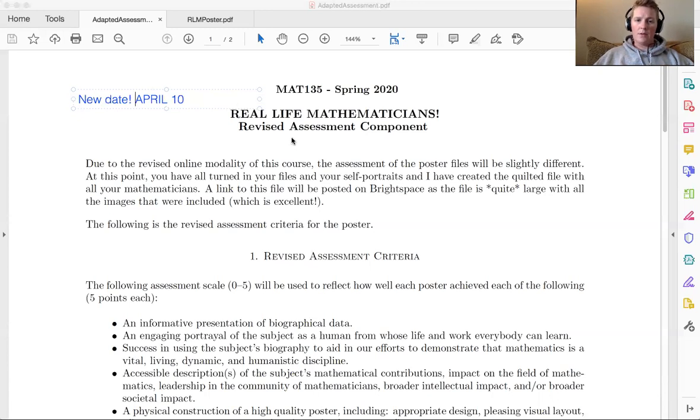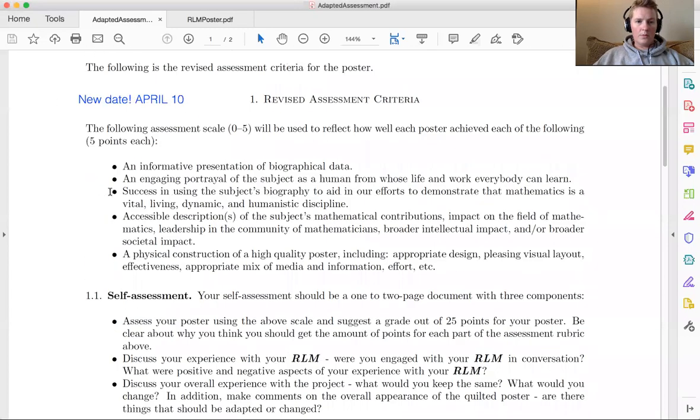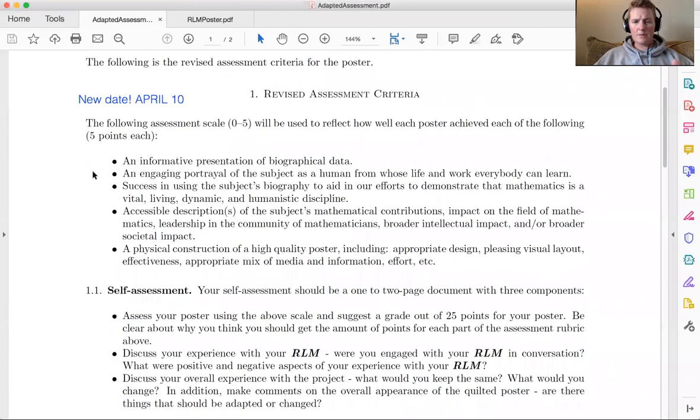So let's talk about the components here. The assessment scale is 25 points for how you assess yourself. There are 5 bullet points for 5 points each.